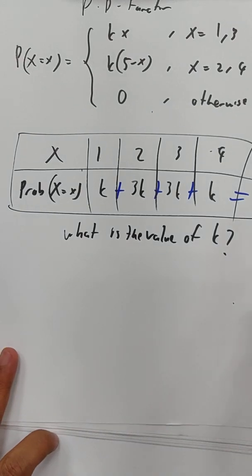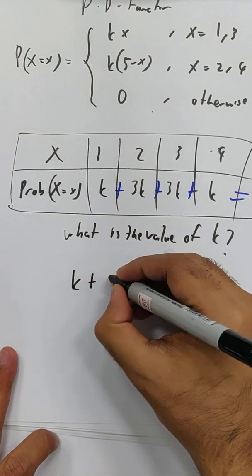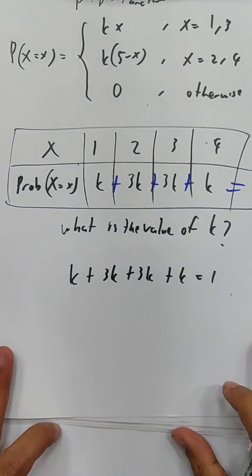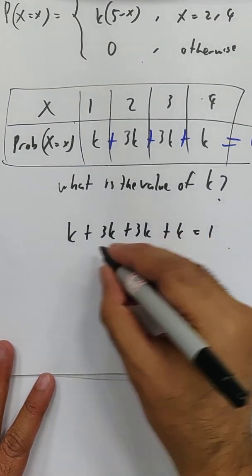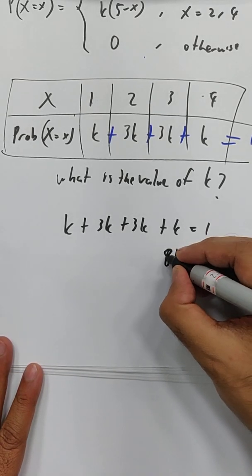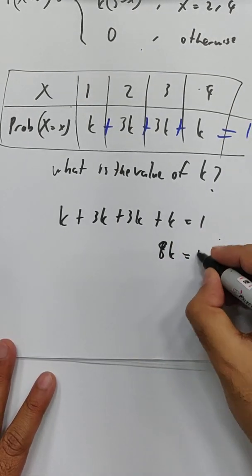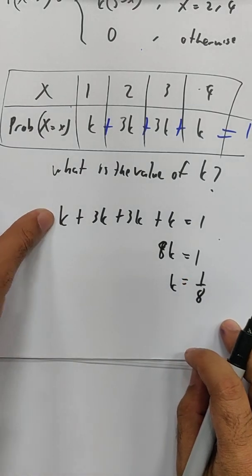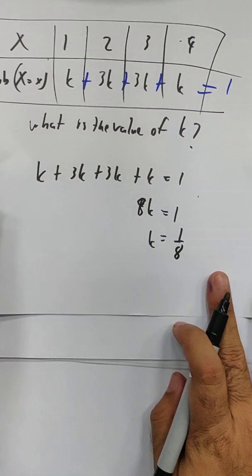So, k plus 3k plus 3k plus k equals to 1. How many k do we have? We have 8k. Sorry, handwriting over there. So k is 1 over 8. Are you guys seeing it on the screen?